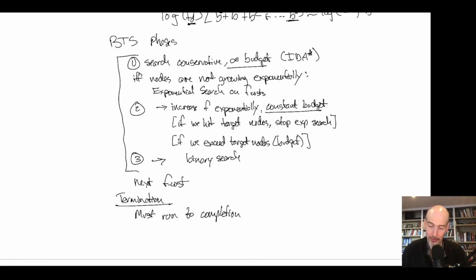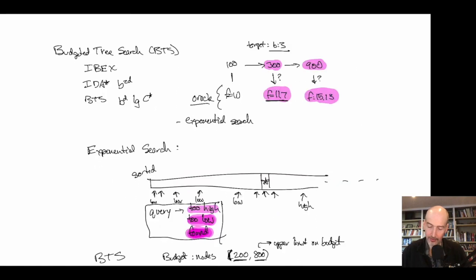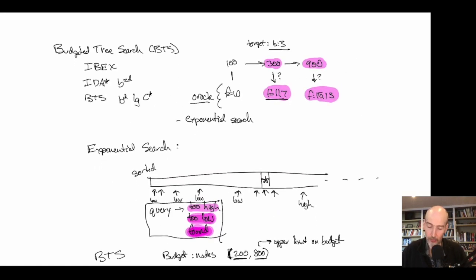But to give a summary of the algorithm: the idea here is that when IDA star fails, the number of nodes expanded will not increase by a constant factor, and we want this to happen. But we don't know the mapping between the number of nodes that would cause the tree to grow and the F costs that are associated with that.